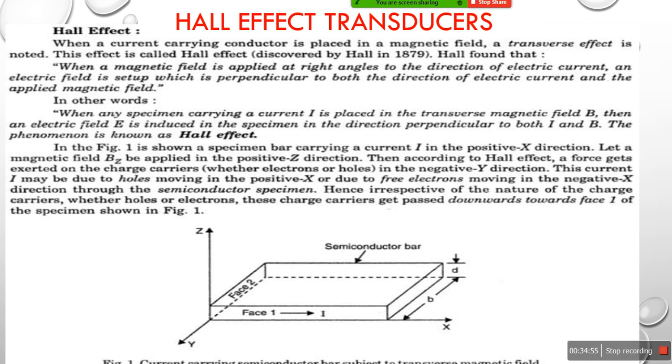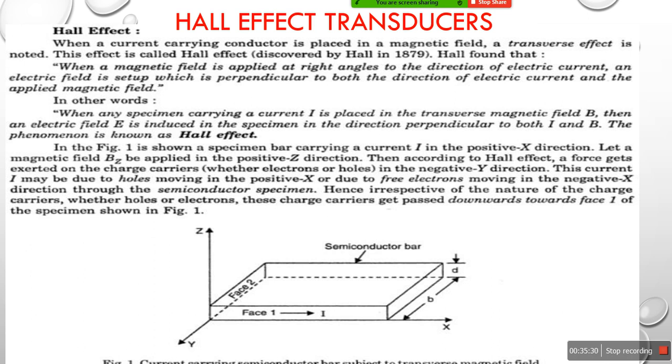In a standard way, the Hall effect is defined as: when any specimen carrying a current I is placed in a transverse magnetic field B. Whenever an electric current is flowing through a conductor and you place a magnet there, the direction of the electric current and the direction of the magnetic field are perpendicular to each other.